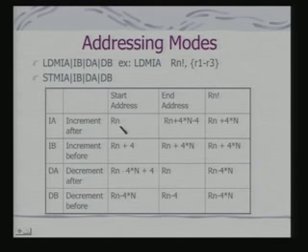So, the start address is Rn, and the end address is this. Why do I have this value? Because I am transferring the content of these registers to memory. Since I am transferring content of registers to the memory, this address has to be incremented, and it has to be incremented by 4.